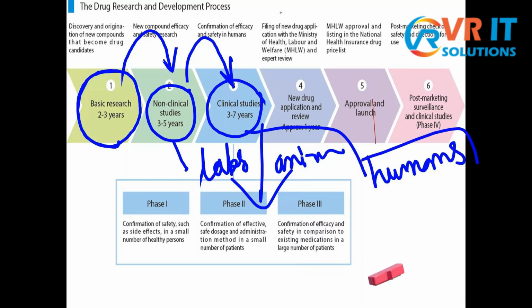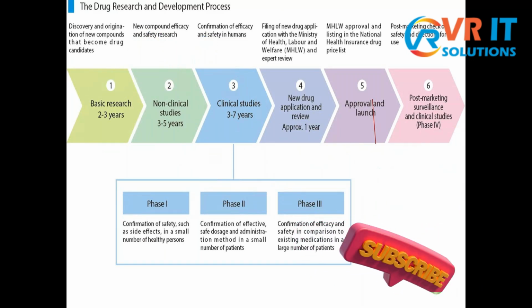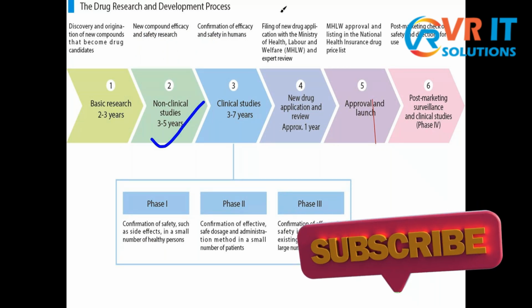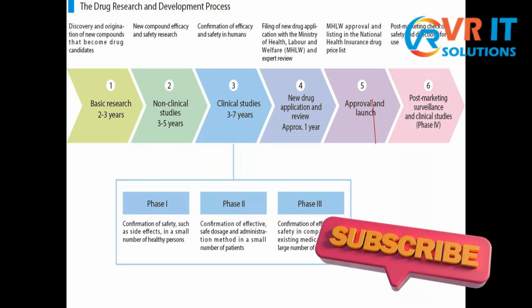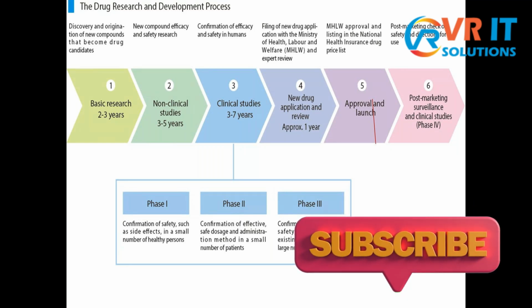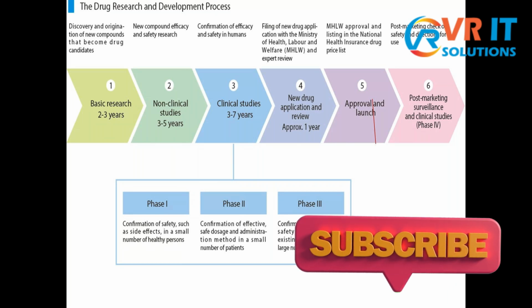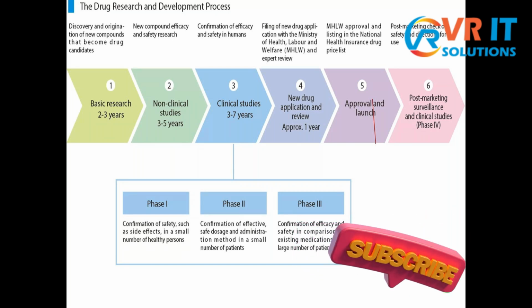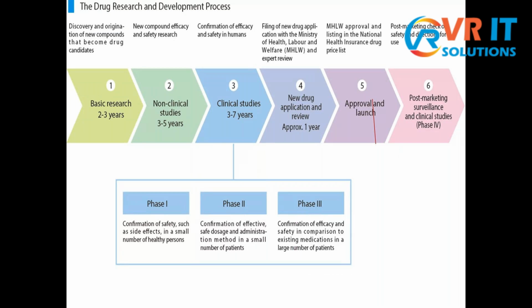Even the preclinical trials take around 3 to 5 years, and clinical studies take around 3 to 7 years, and not just 3 to 7 years. The treatment I am currently working on, for the disease hemophilia, has had its trial going on for 22 years. The trial is still on, and it is the 22nd year.